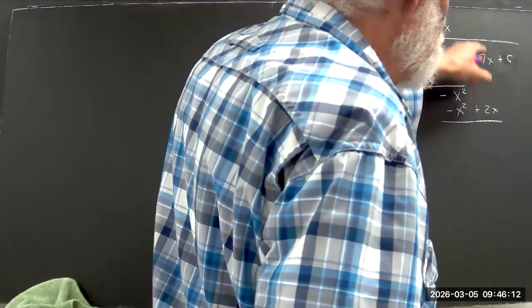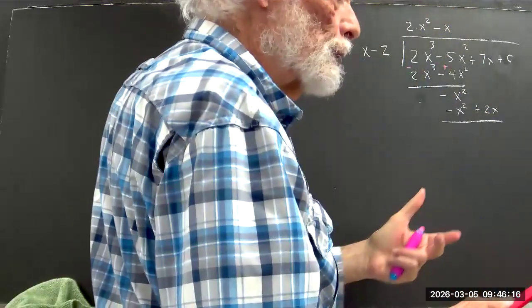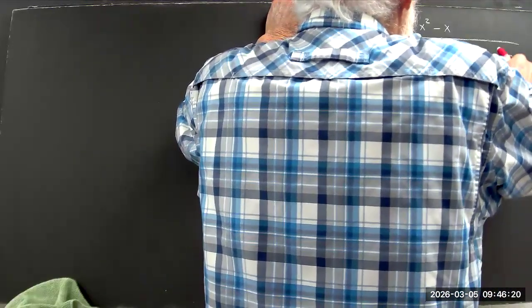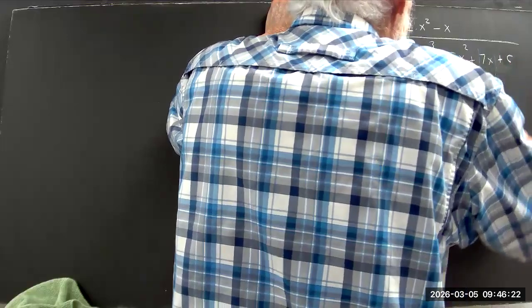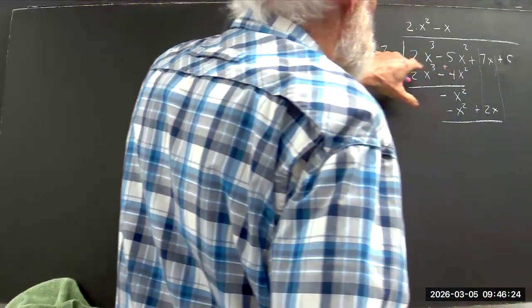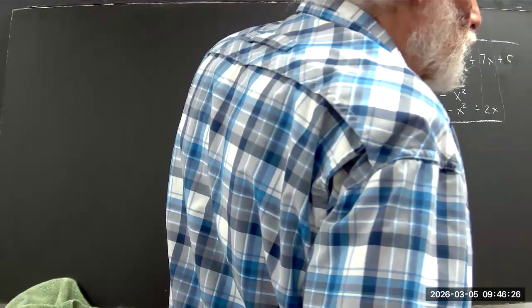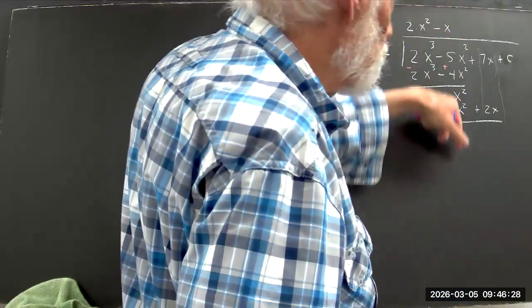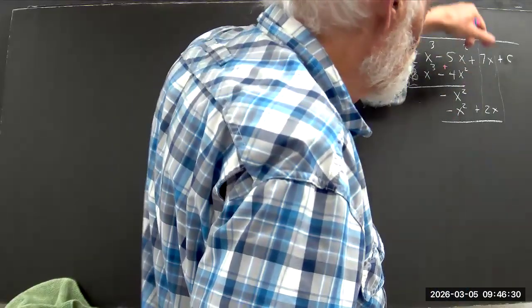Now, I brought this 7x down here to be right above the 2x. It's not absolutely necessary, although it's usually done. Notice that I'm keeping the x cubed terms lined up vertically with the x cubed terms, the x squared terms with the x squared terms, and the x terms with the x terms.